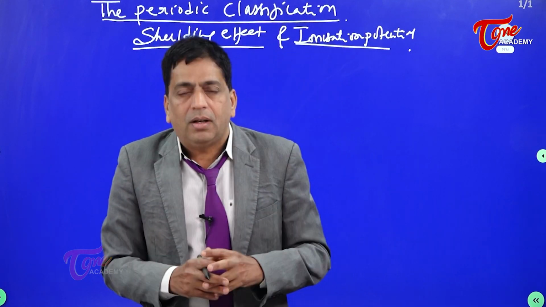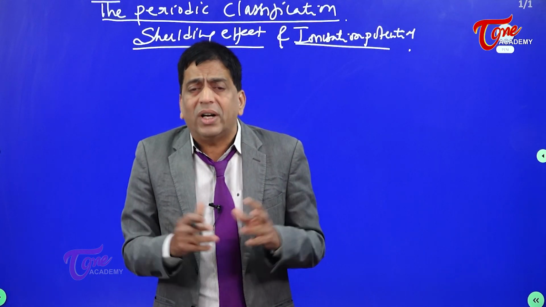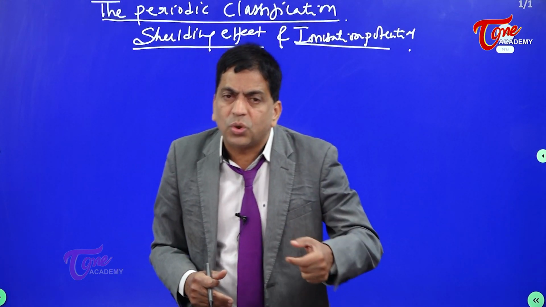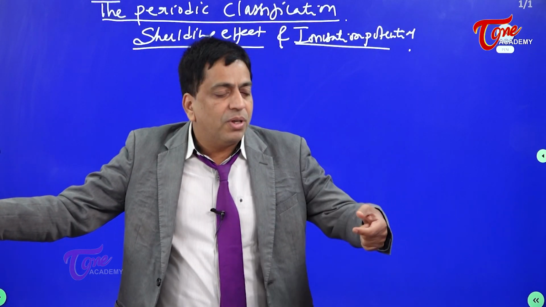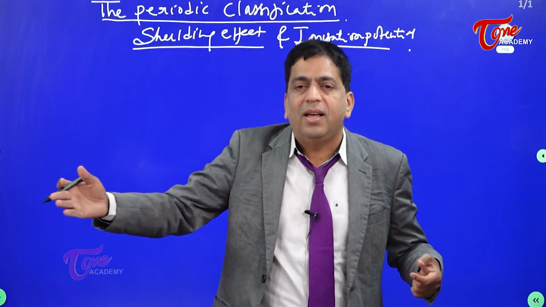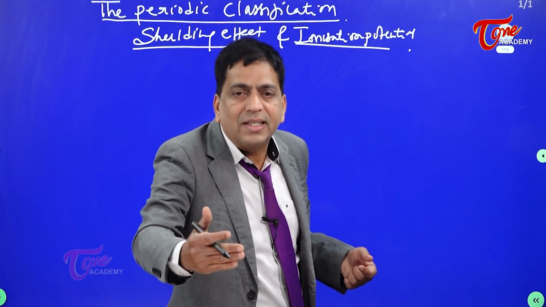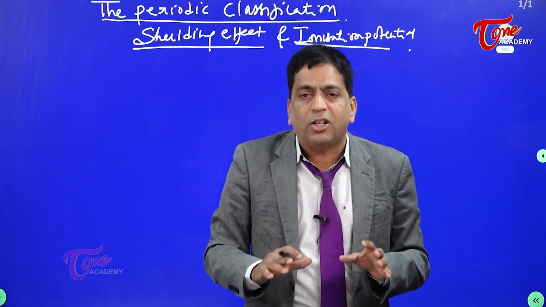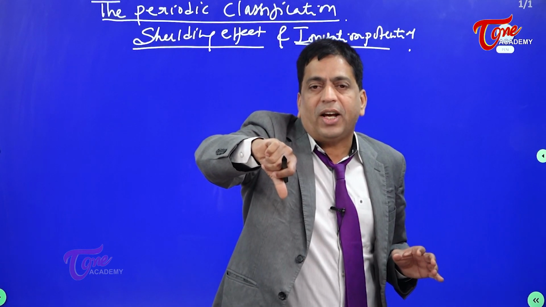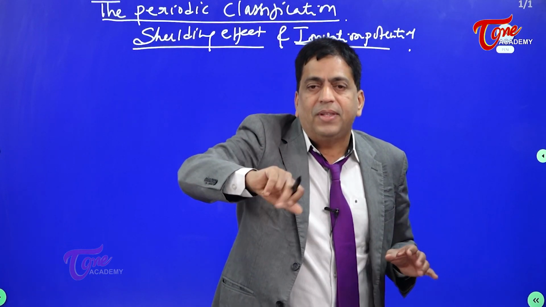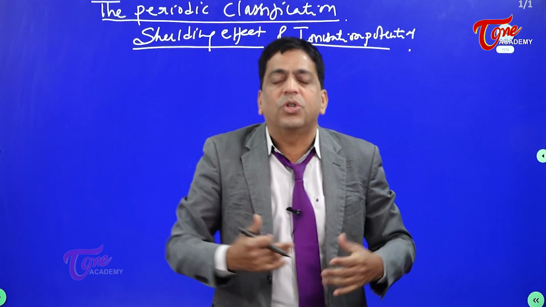If you remember from the last lecture, I just wanted to brief you. Shielding effect: if in between the nucleus and the outermost shell the number of shells increases, then the nuclear force of attraction that falls on the outermost shell decreases. When the nuclear force of attraction on the outermost shell decreases, the outermost shell tends to relax, because it is not attracted towards the nucleus as much.